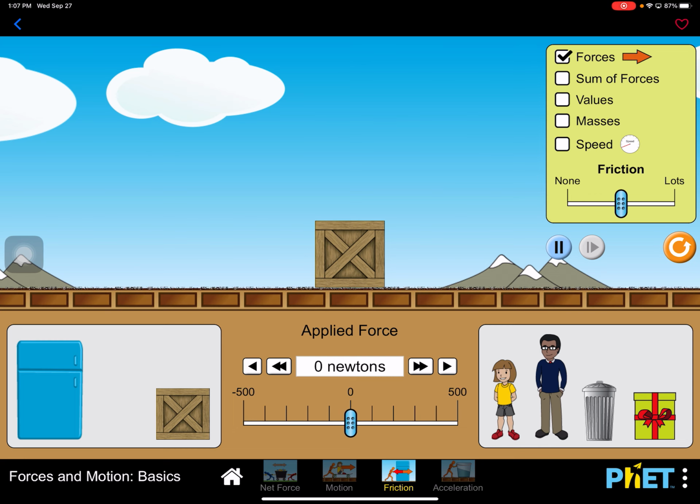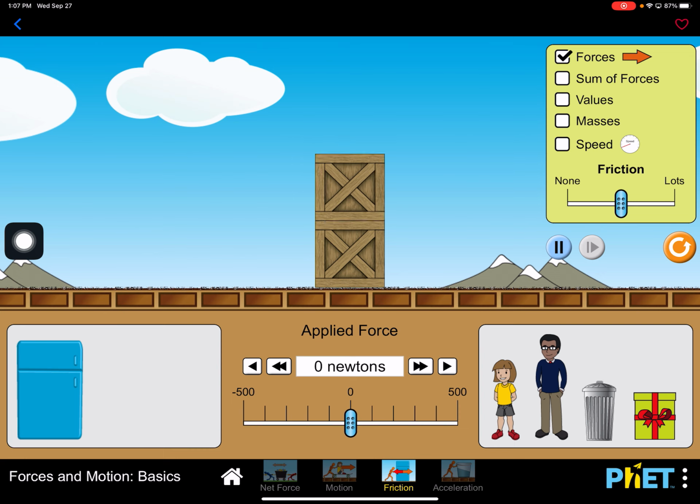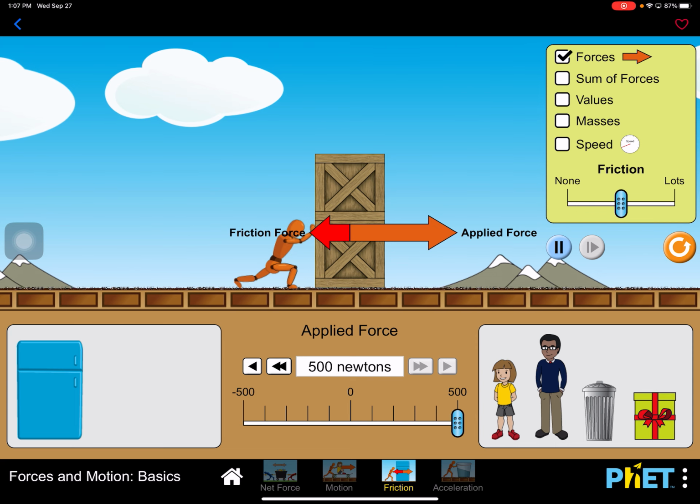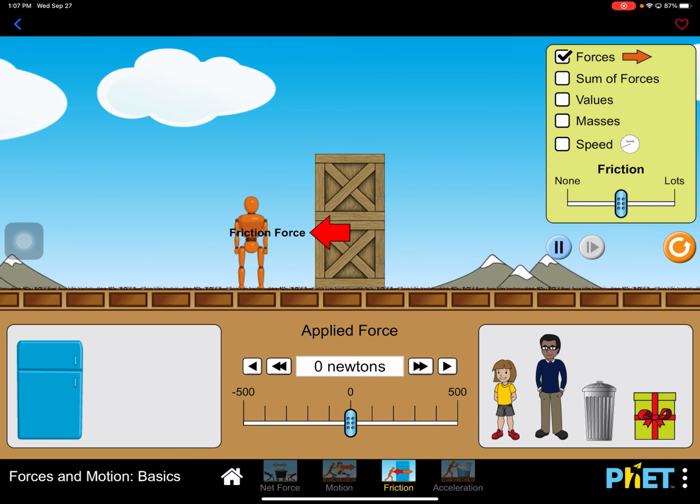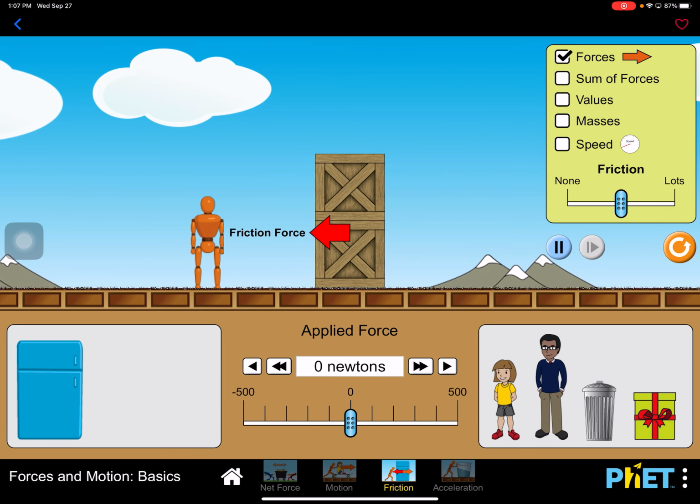Yep. If you push down on the object, you'd presumably get more atoms to attract each other. So adding weight would increase the friction force. See, the friction force increased.